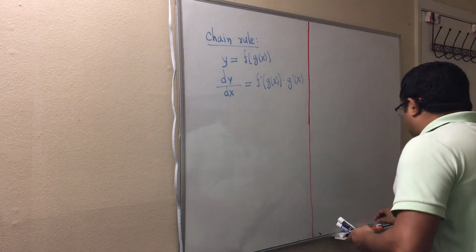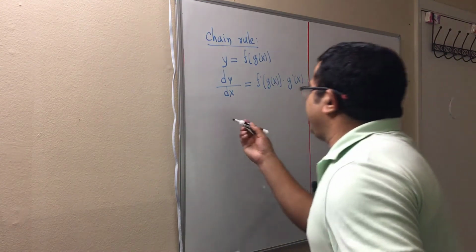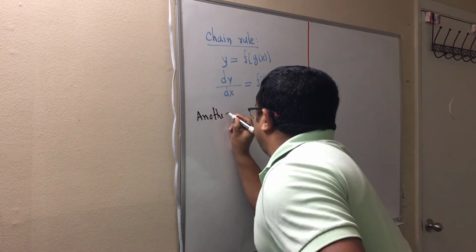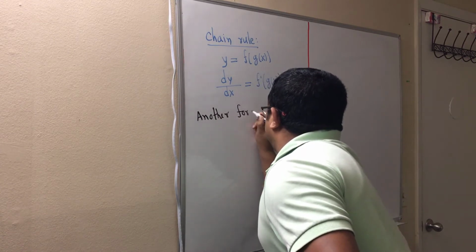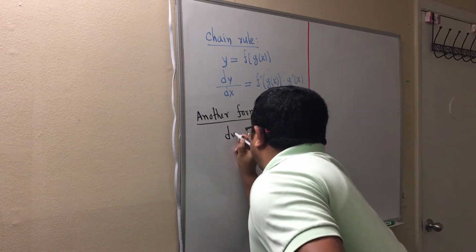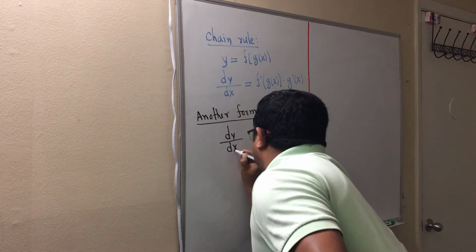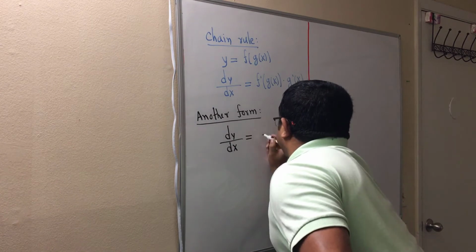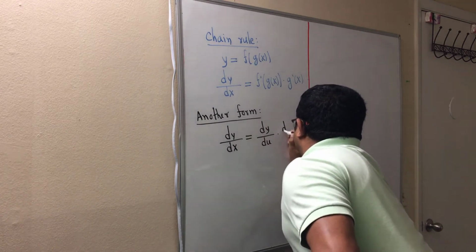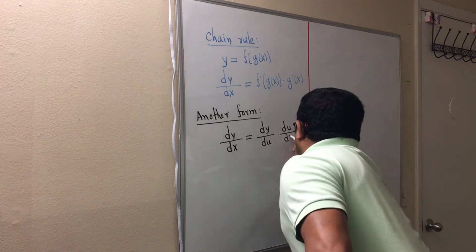And another form of the chain rule is dy over dx equals dy over du times du over dx.